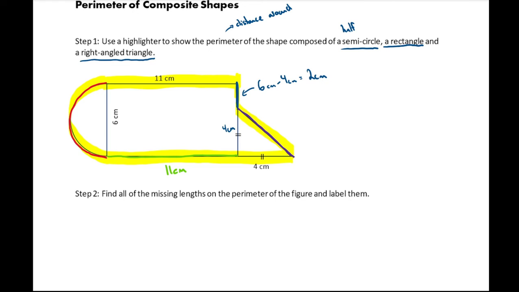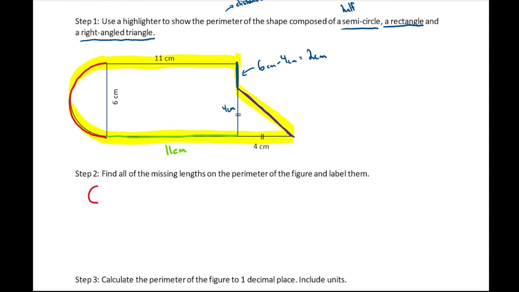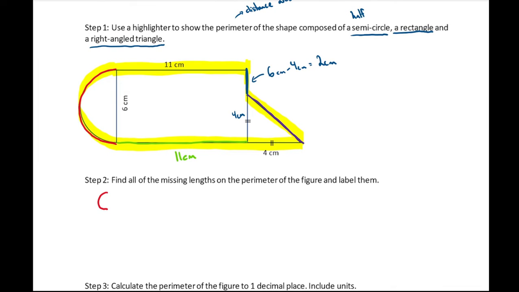So that only leaves us with two parts now to figure out: this diagonal line and this curved semicircle. We're going to start with the semicircle. Because I'm looking for half of the circumference, or the distance around, I need to use my circumference formula. Our circumference formula is C equals pi times diameter.